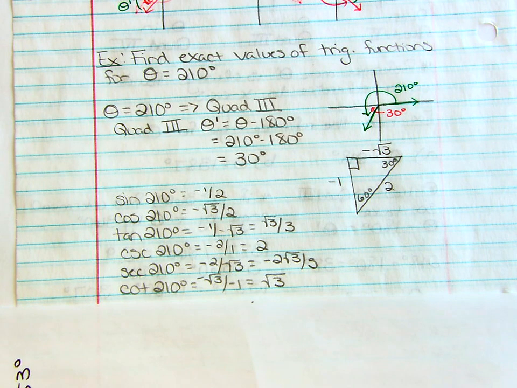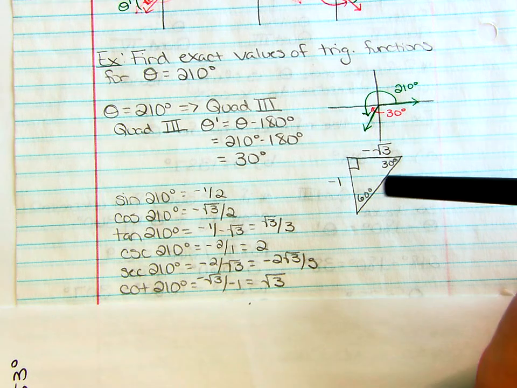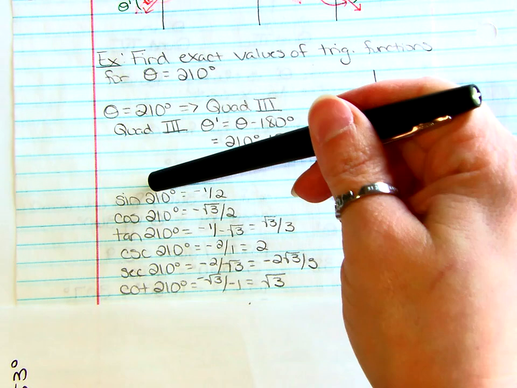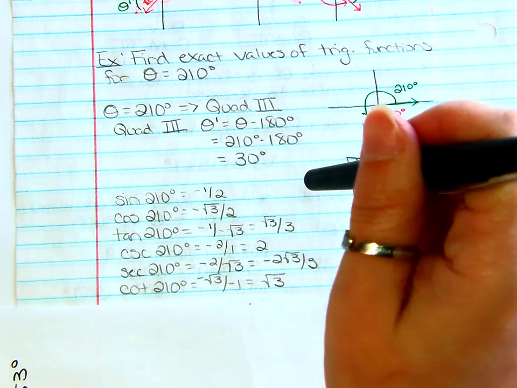Since I was asked to find the trig functions, I'm finding sine of 210, but that's the same thing as finding sine of 30. The only thing that you have to watch for is your signs, because we're down in quadrant 3. So sine of 30 is the opposite over the hypotenuse, and so that's negative 1/2.